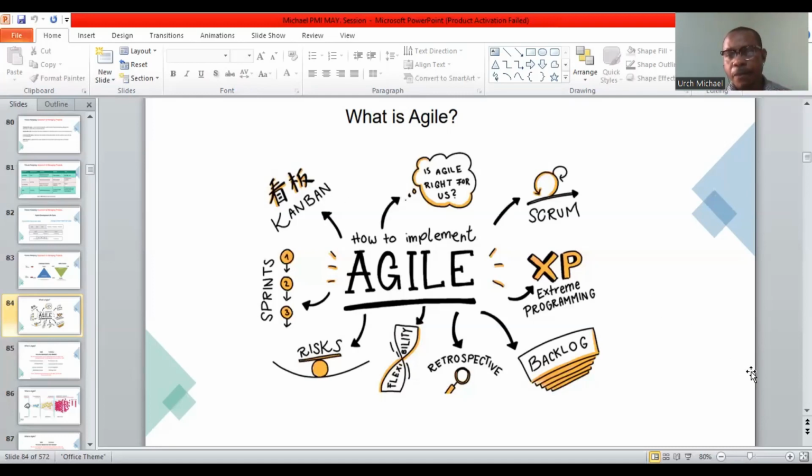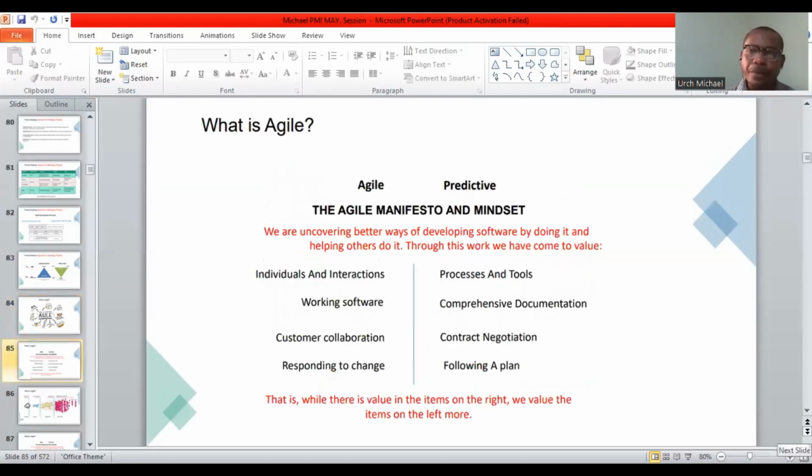So that's just it. I think this is just a brief on what we have here in my slide. I just took my time to explain so that you can have a fair idea, because we're still going to be talking about it as we progress. Now, I said Agile is a mindset. The mindset is expressed in 4 basic points. Some years back, a team of IT specialists came together.